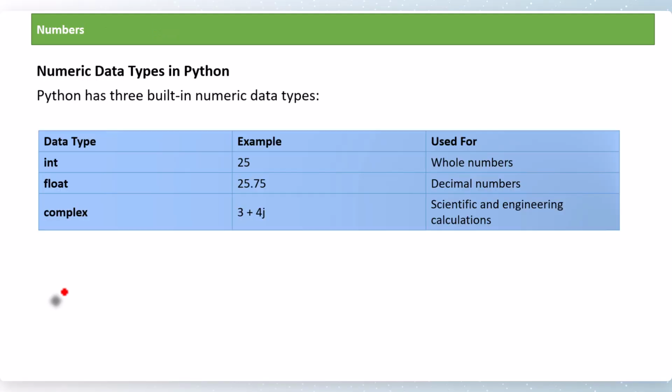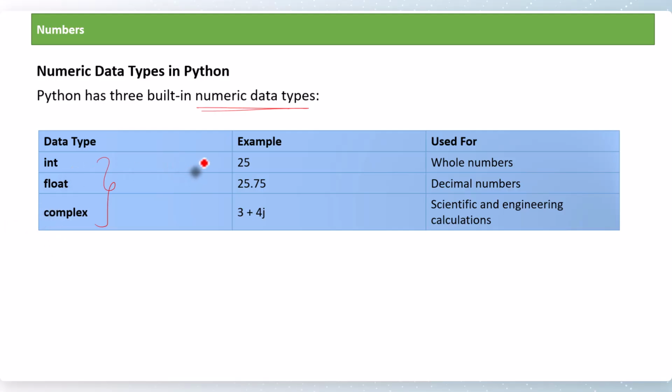And there are numeric data types in Python, also called numbers. Python has three built-in numeric data types: integer, float, complex.